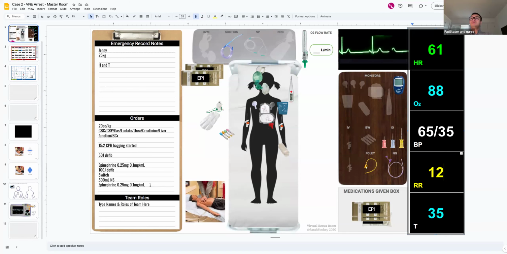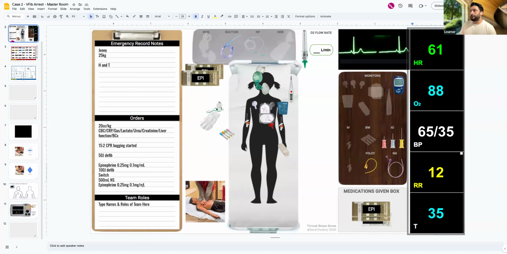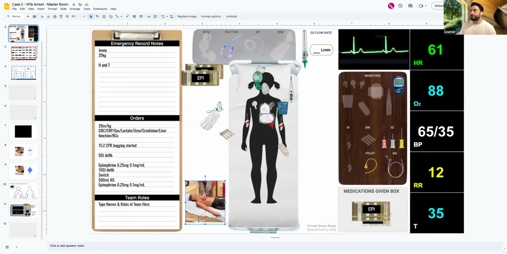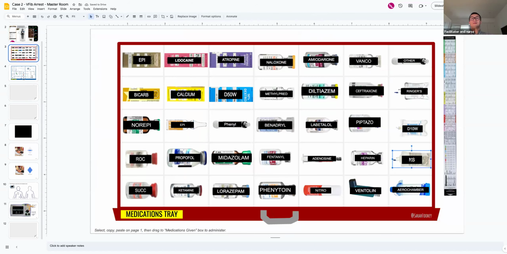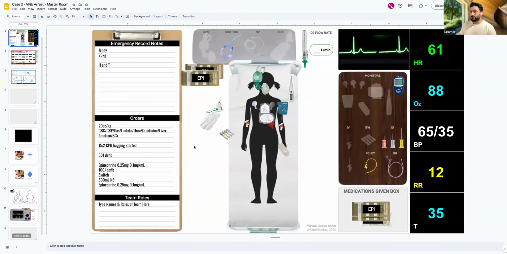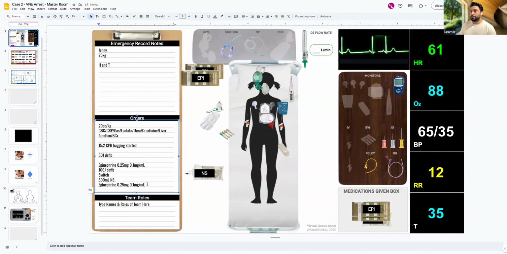You can see the rhythm as shown, and there is a weak pulse. Okay, so we will pause compressions. Let's give another 20 per kilo bolus, and let's start a high dose epinephrine infusion at 0.1 micrograms per kilo per minute.